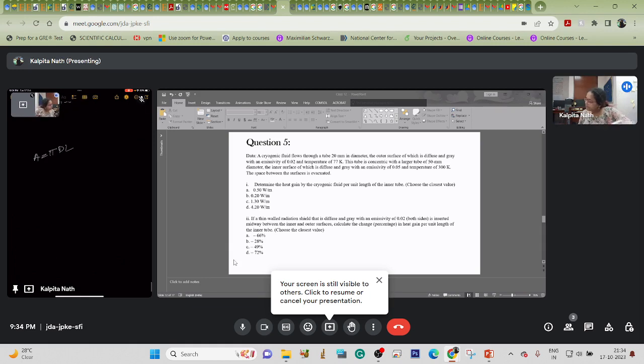Now F_i0 is equal to 1 and E_b is equal to sigma T to the power 4.